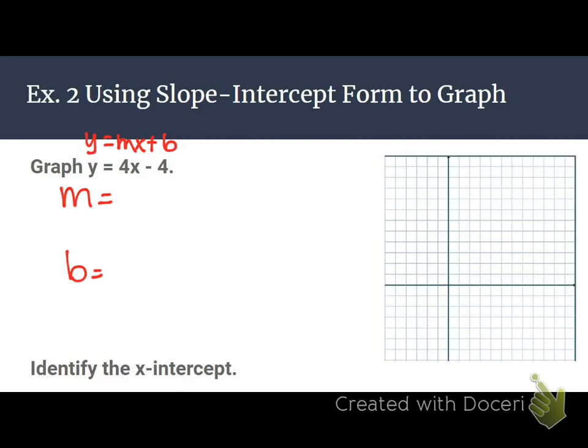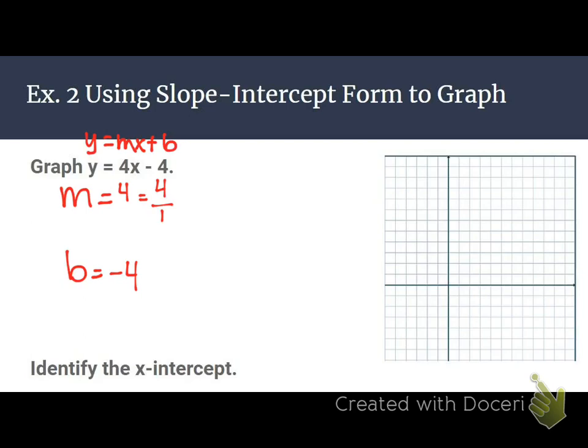What is our slope? 4. If I wanted to write that as a fraction, how could I write it? 4 over 1. It might be helpful to get in the habit of writing your slopes as a fraction. What about our y-intercept, or our b? -4.